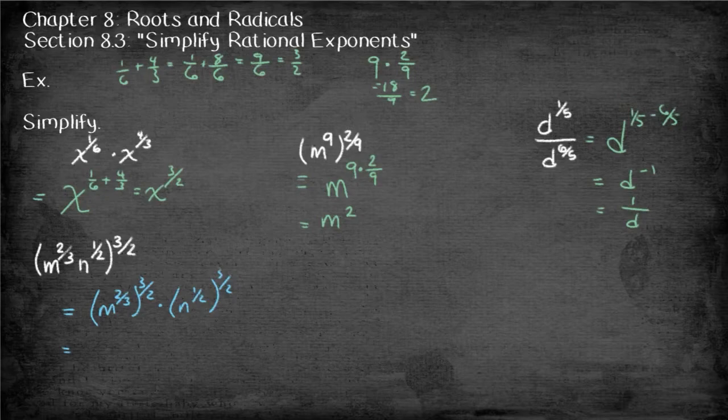First factor, I would be multiplying together the exponents, but I know that 2/3 and 3/2 are reciprocals, so this is really just m to the first power. And I have n to the 1/2 power raised to the 3/2 power. When I multiply those exponents, I get n to the 3/4. 1/2 times 3/2 is 3/4.